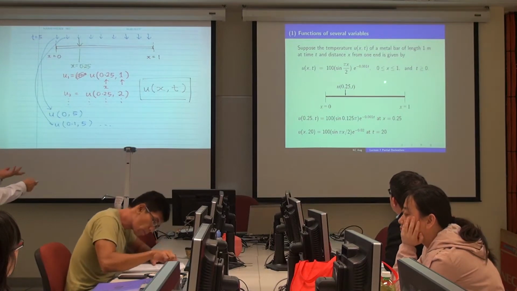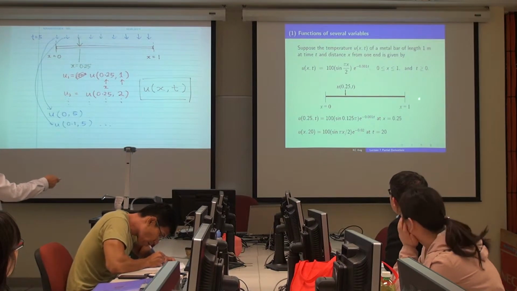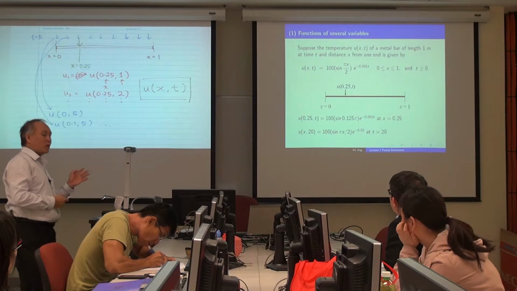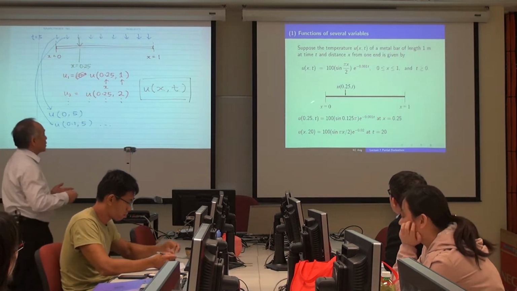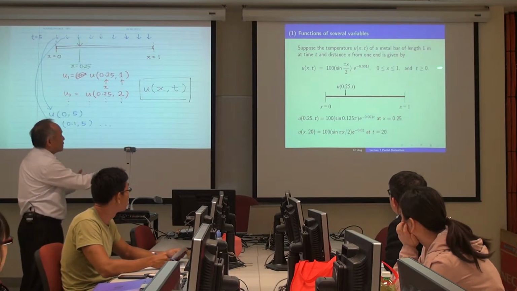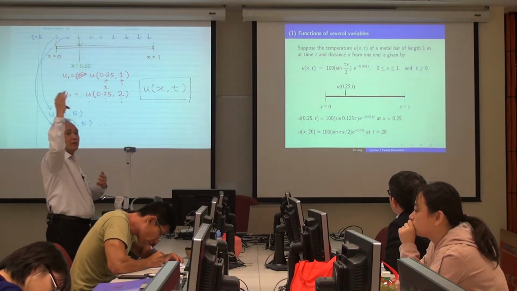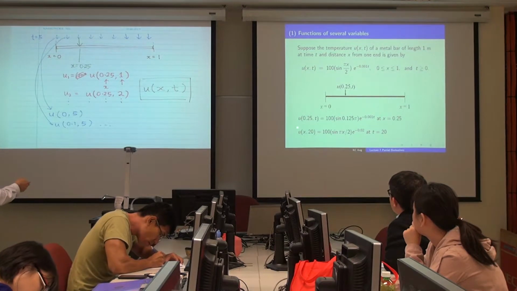It is for x between 0 and 1, and t bigger than 0. We also call this a semi-infinite kind of domain: it is bounded on both sides for x, but bounded on one side only for t, unbounded for t bigger than 0, going upwards. So these are some examples.